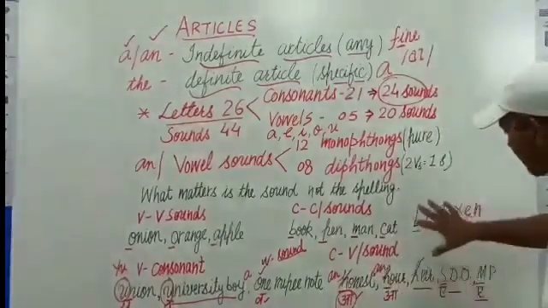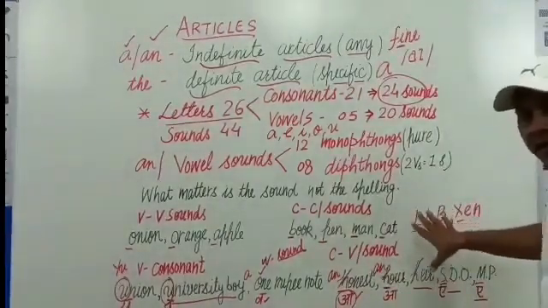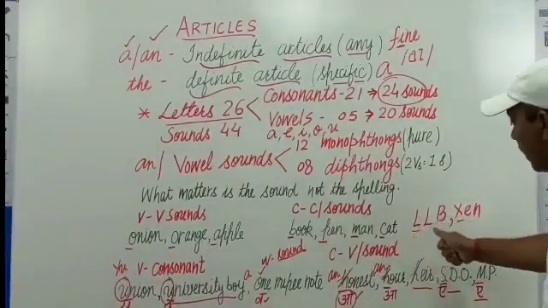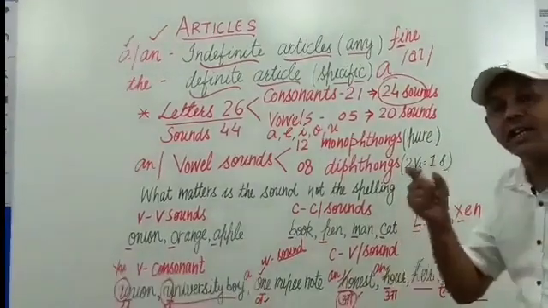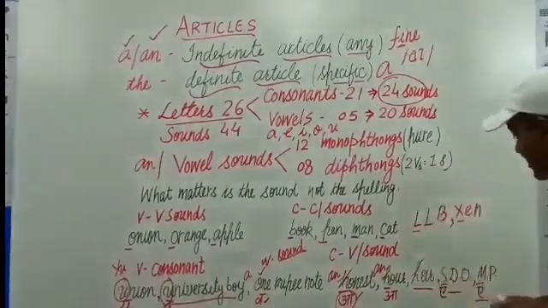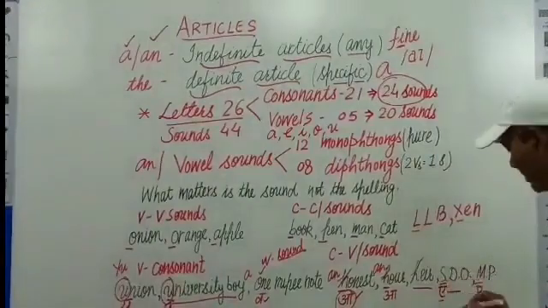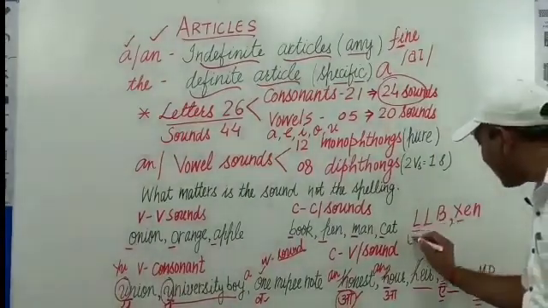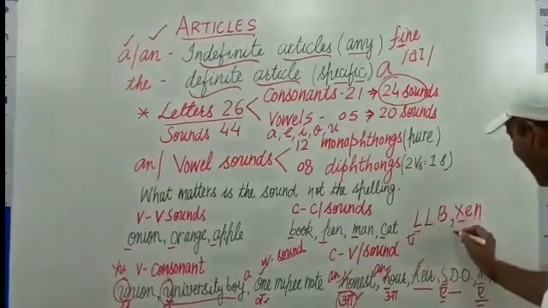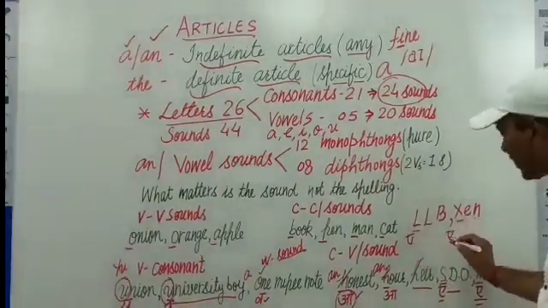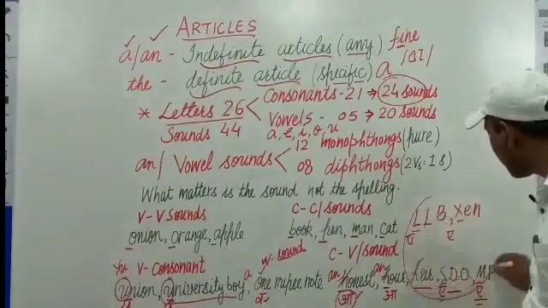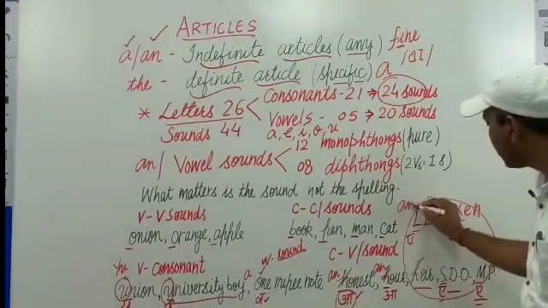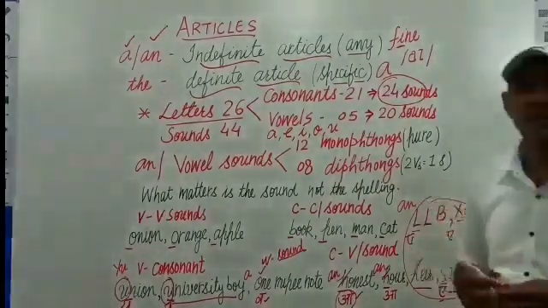But when we pronounce these abbreviations, a vowel sound is produced at the initial position. S, an E sound is produced. M, an E sound is the initial sound. L, again E. And X, again E. That's why we use AN before such abbreviations.